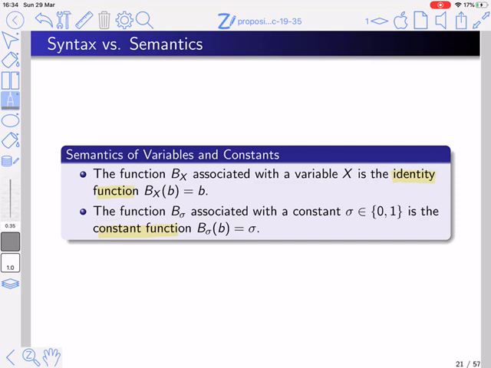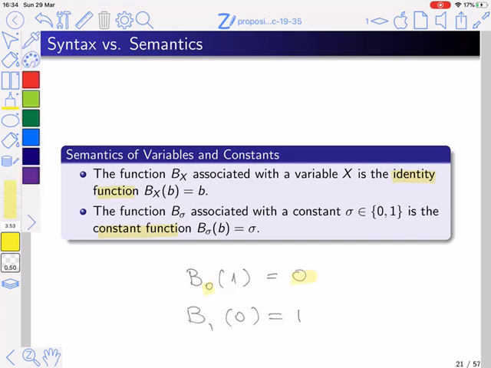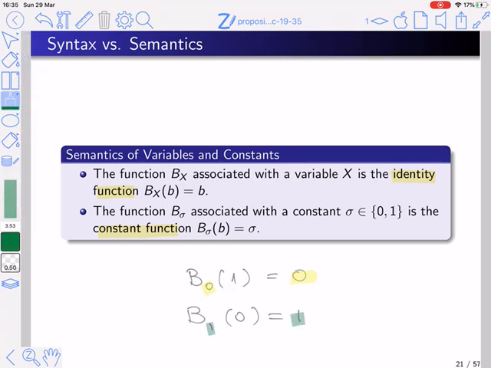Okay? So I could write here, for example, B-0 of 1 equals 0. B-1 of 0 equals 1. Notice, the 0 here is determined by the 0 here. The 1 here is determined by the 1 over here. Good.